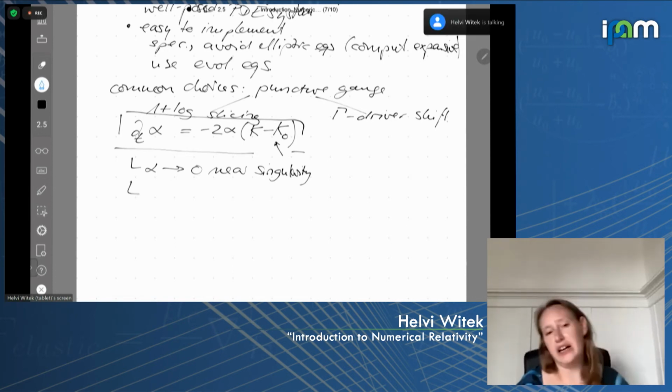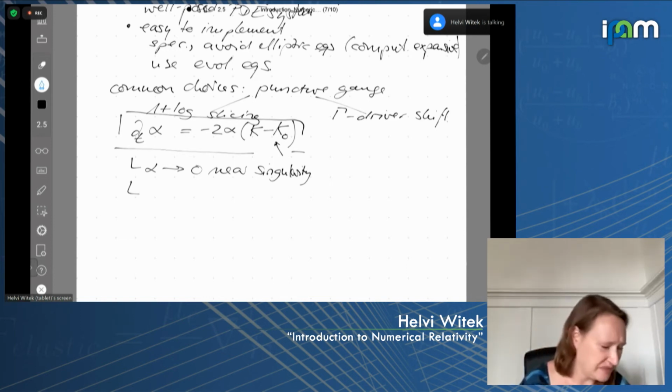We also find that the spatial hypersurfaces cannot be arbitrarily close to our physical singularity. And that is a singularity avoidance, right? So we will reach a certain part of the black hole interior, but we will not reach the actual singularity. And that helps us with the numerical simulations, because if we don't have the singularity on the grid, we're basically good.